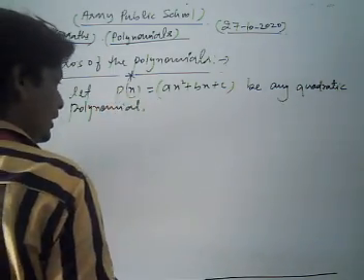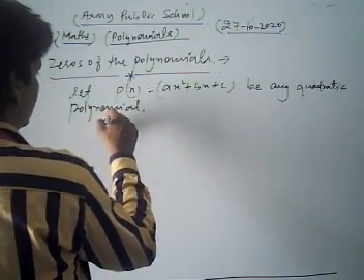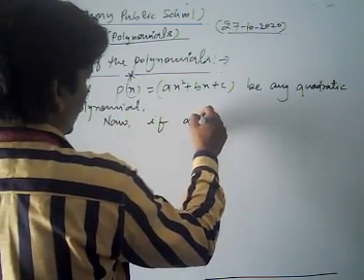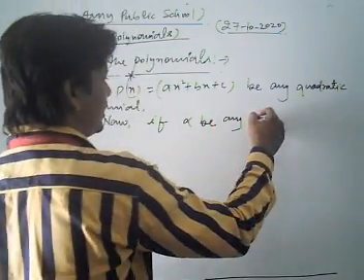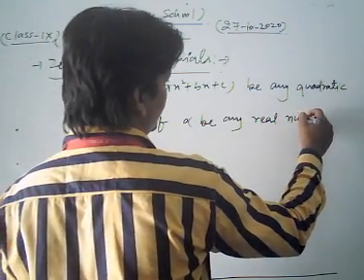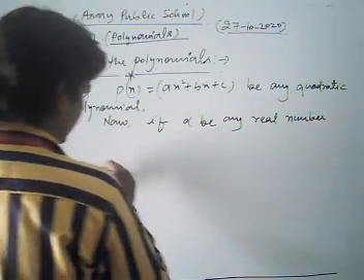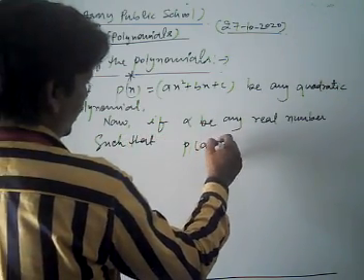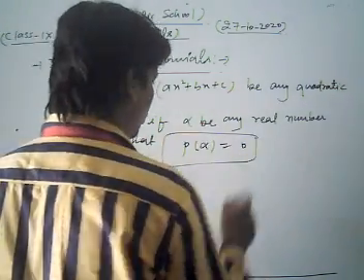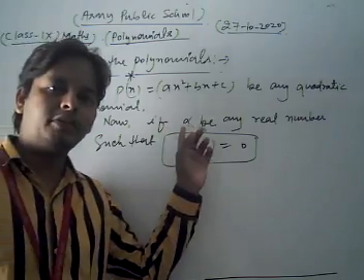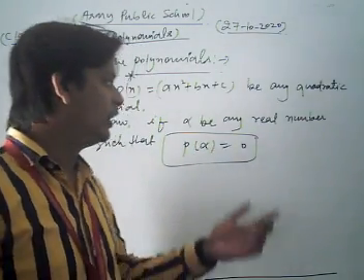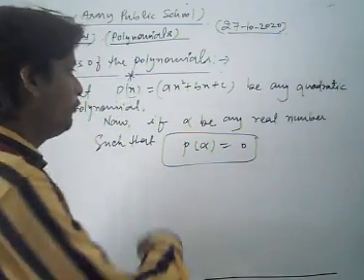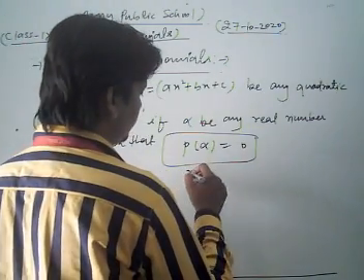Now if alpha is any real number such that p(alpha) is equal to 0, that means if we replace x by alpha, then what?